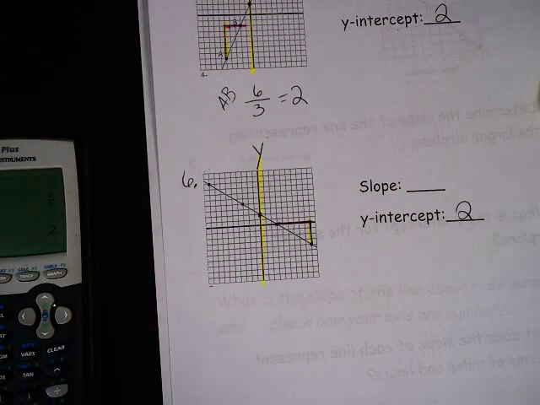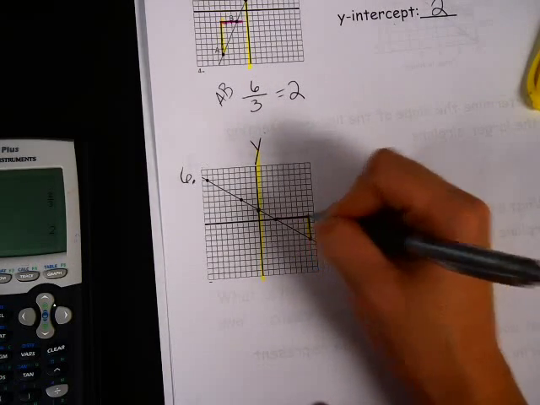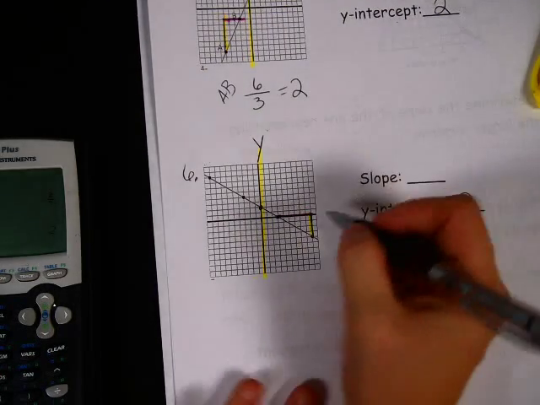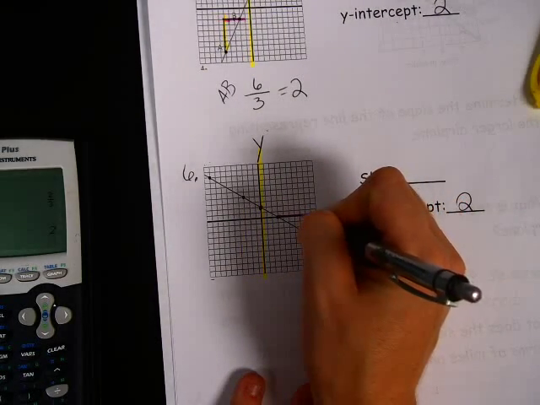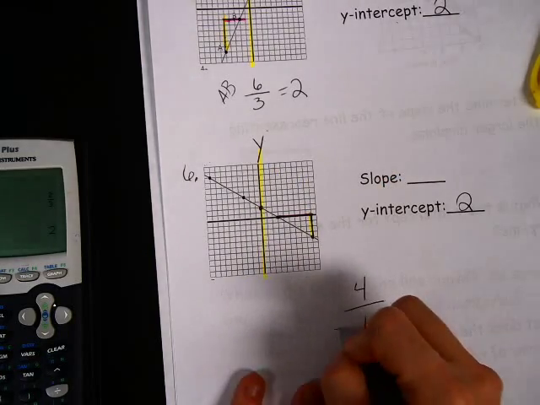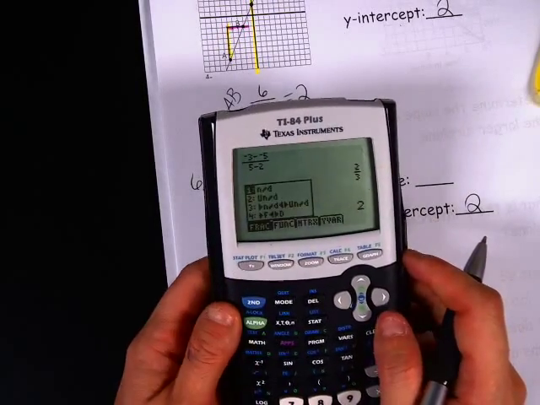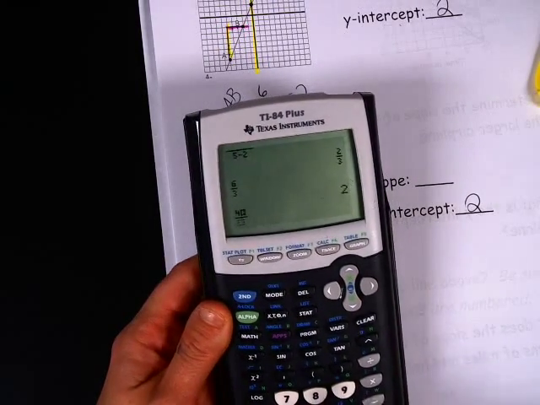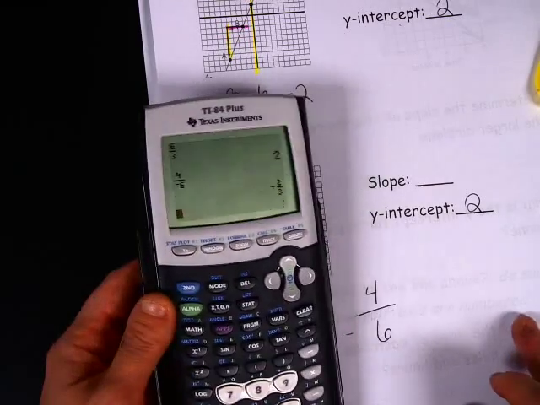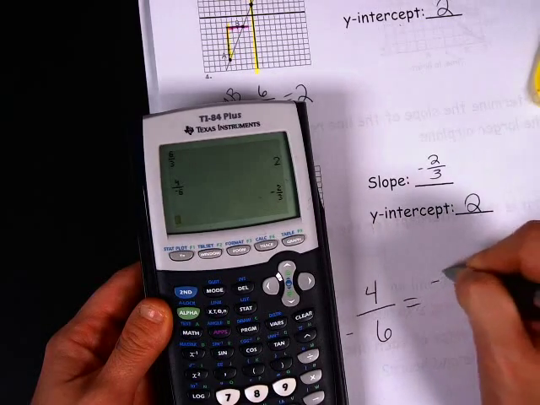It's kind of hard to see, but that's okay. So I rose 1, 2, 3, 4. That was my rise, and it was positive, but I ran negatively, 1, 2, 3, 4, 5, 6. I ran negative 6. Put this in my calculator: 4 over negative 6. My answer is negative 2/3 when reduced.